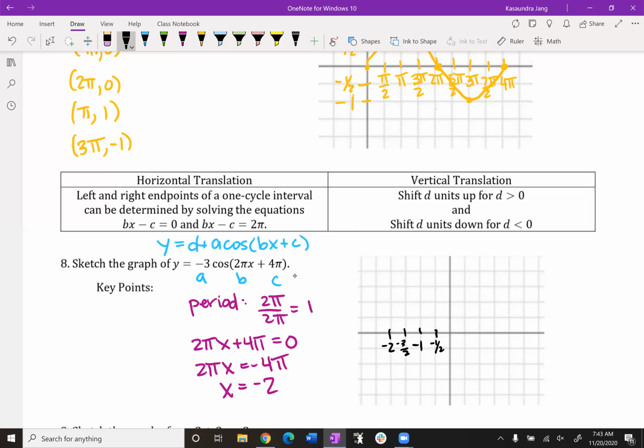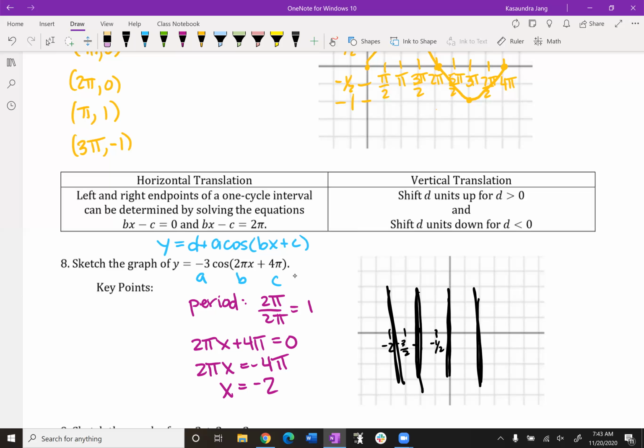All right, if it starts at negative 2, we're supposed to have a period of 1. So negative 2 plus 1 is negative 1. So it would start at negative 2 and end at negative 1, which is what I found with the other equation as well. And it would keep repeating. The next cycle would end at 0, and then at positive 1. We should have the same distance for each of these cycles.